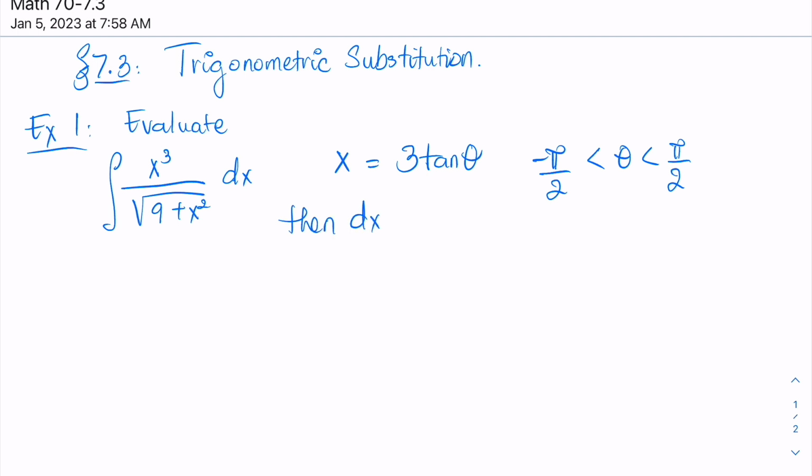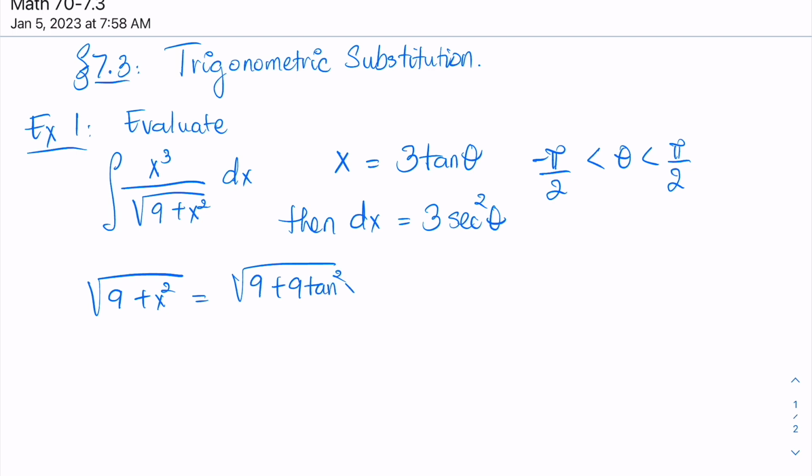Then dx should be 3 secant squared theta. So now let's try to rewrite the square root of 9 plus x squared. It turns into the square root of 9 plus 9 tangent squared theta.